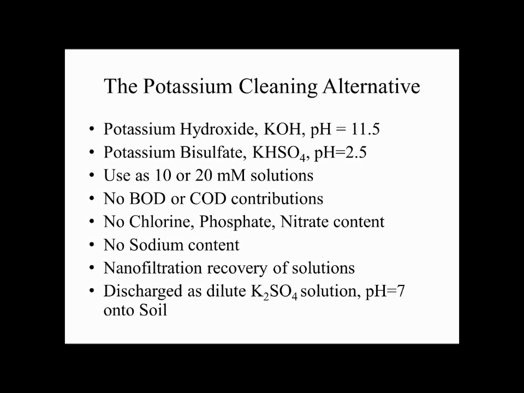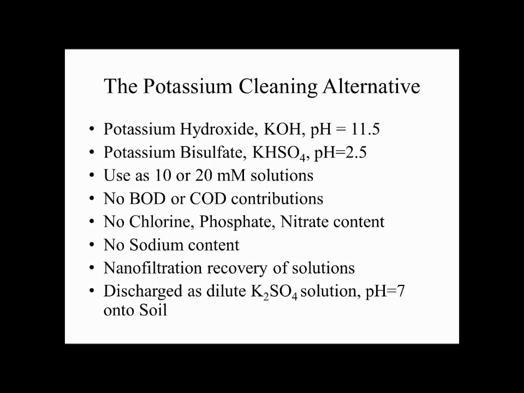So if we could make solutions which are 10 or 20 millimolar, very dilute, less than a gram per litre, pH 11.5 and 2, if we just had hot water, you can see that based on E. coli, that would be very powerful killing. The point about those solutions is when I mix them together, it's pH 7, neutral, and it's potassium sulfate, which is the most common of the salts in most groundwater systems.